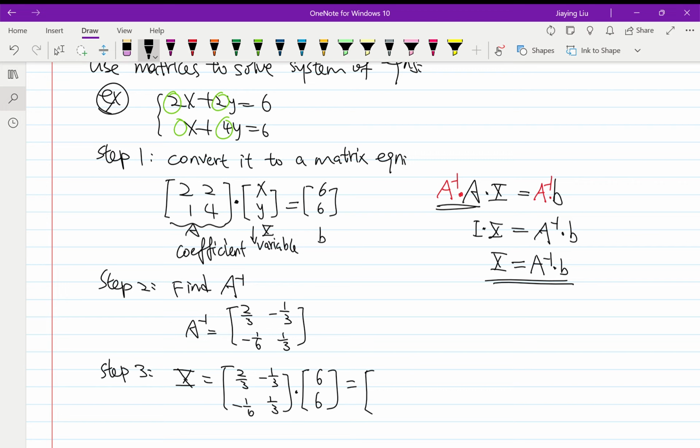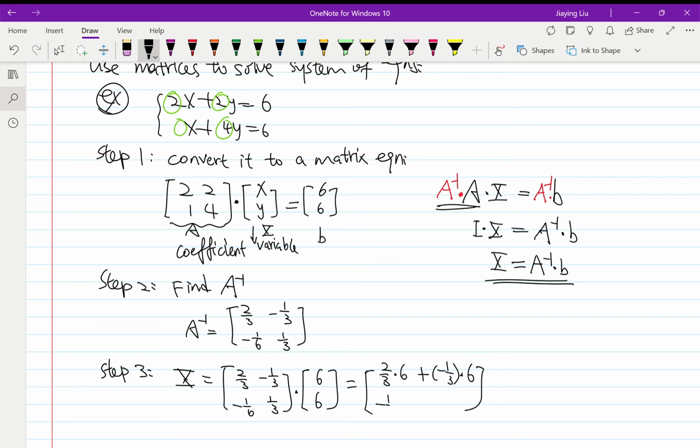So that will be 2 over 3 times 6 plus negative 1 over 3 times 6. That will give us a value. And then we put the second row multiplied by this column matrix, so negative 1/6 times 6 plus 1 over 3 times 6.